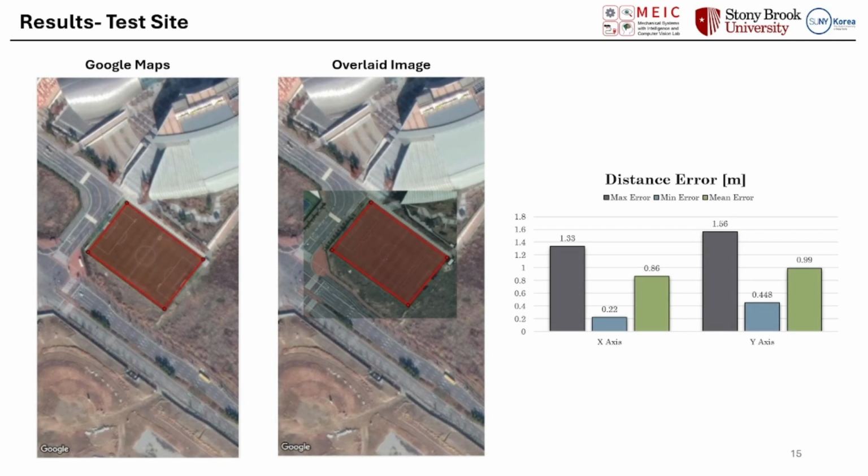For our first site, we have the overlaid image versus the actual Google Maps image. Here we can see that there was under 8% of distortion, as well as an offset of around 1 meter for the mean error in the entire area of the construction site.